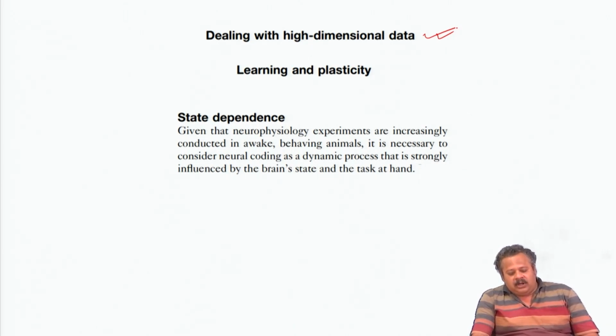Finally, we come to another important factor that so far in our discussions we have rarely talked about: state dependence. State dependence is a more general term. It can actually be used for many other factors, let us say age, sex, and of course other kinds of situations, state dependence of all the processing. These aspects are missing, and often in computational models we do not take into account the different states of the animal.